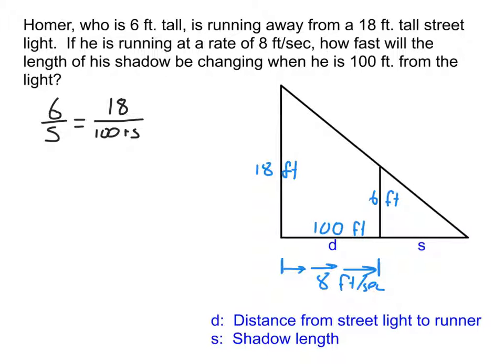Although, there's going to be something kind of weird here, right? Because if I find the derivative of this, notice my answer is just going to have s in it. How could I use this if it only has s in it?